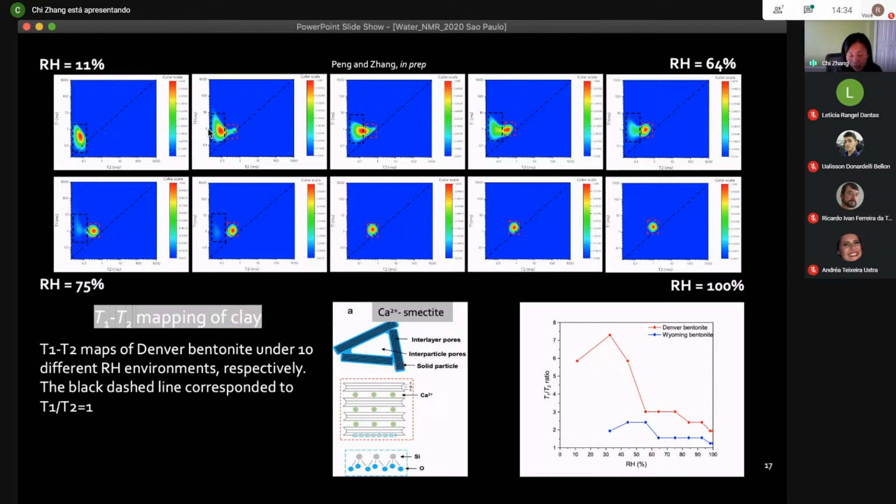So we argue the black one is the internal clay layer and hydrated layer, and the red one indicates the interparticle water, based on all this previous analysis together with the T2 spectral analysis. So this is just one example of how we can use the T1-T2 mapping.